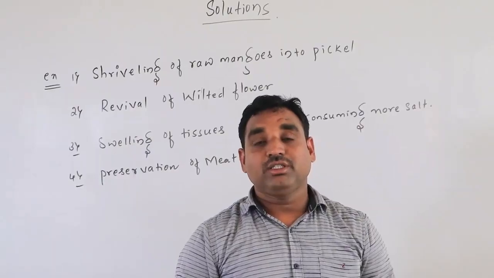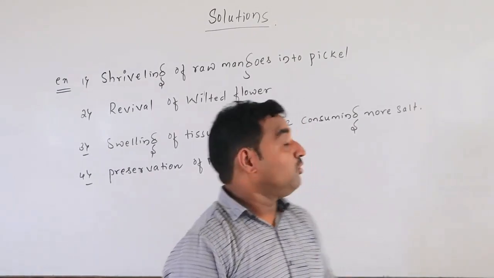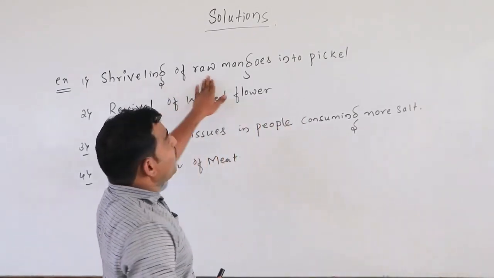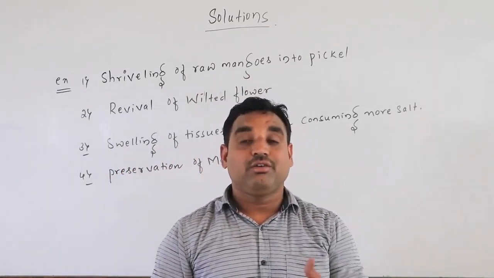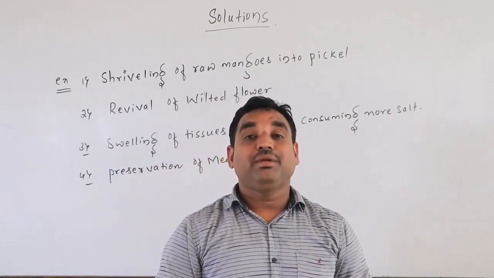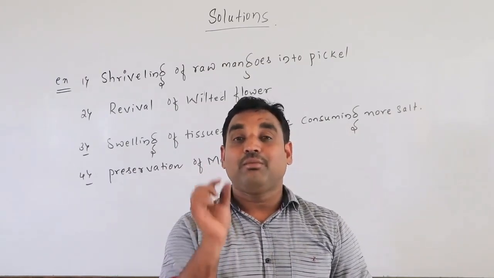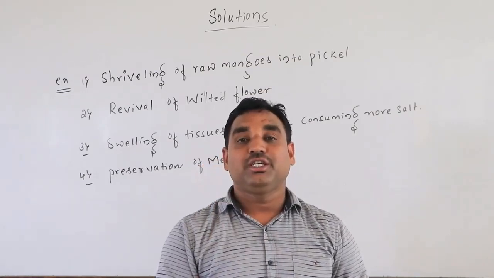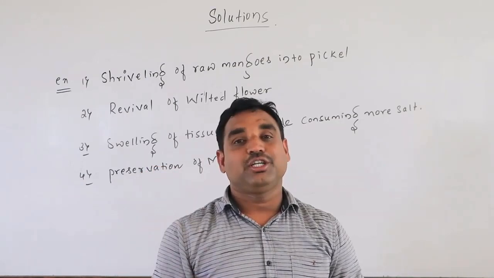Yes, now we discuss some examples of the osmosis process. The first one is shriveling of raw mangoes into pickle. We already know how to prepare pickle at home. When we keep raw mangoes in a concentrated sodium chloride solution, the raw mangoes have a lower concentration and the sodium chloride solution has a higher concentration.